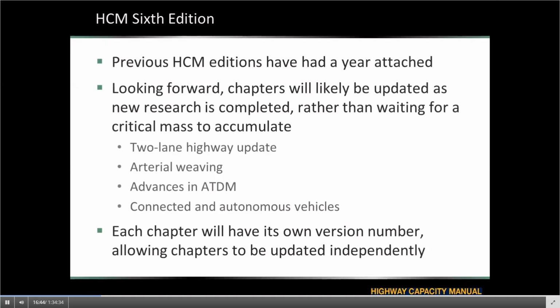In the HCM 6th edition, each chapter will have its own version number, starting with 6.0, which will be updated as interpretations and errata are released and as new research is incorporated. This approach will allow the HCM to continue to present state-of-the-art methods while allowing analysts to tie their analysis to a specific version of a methodology.